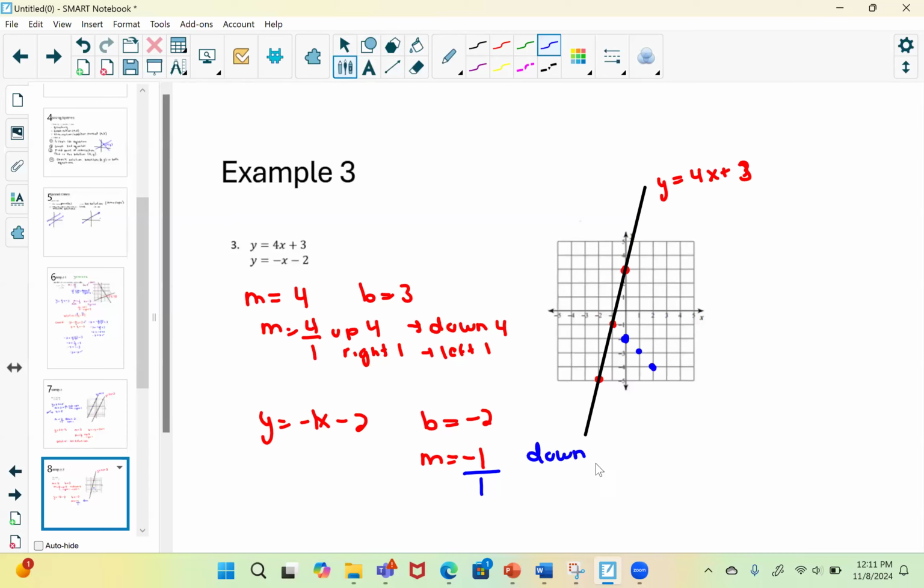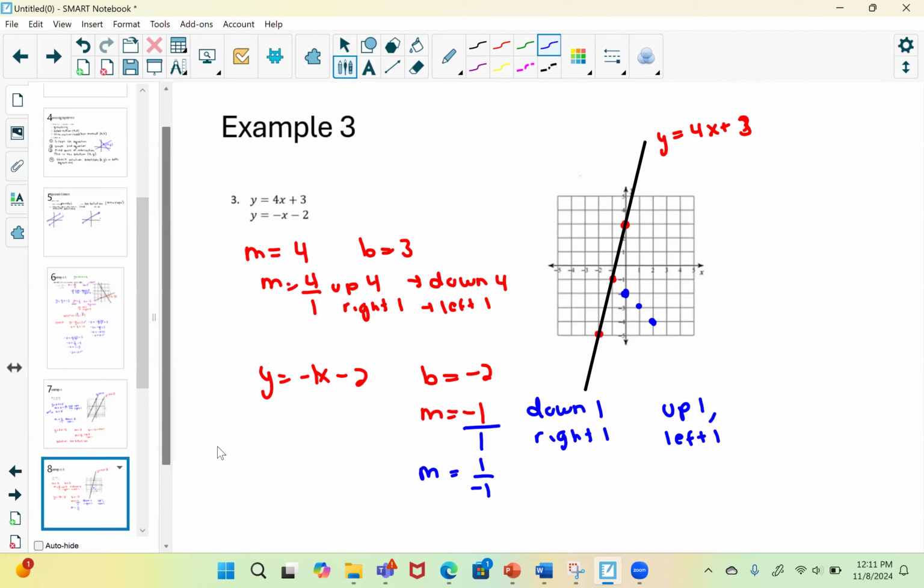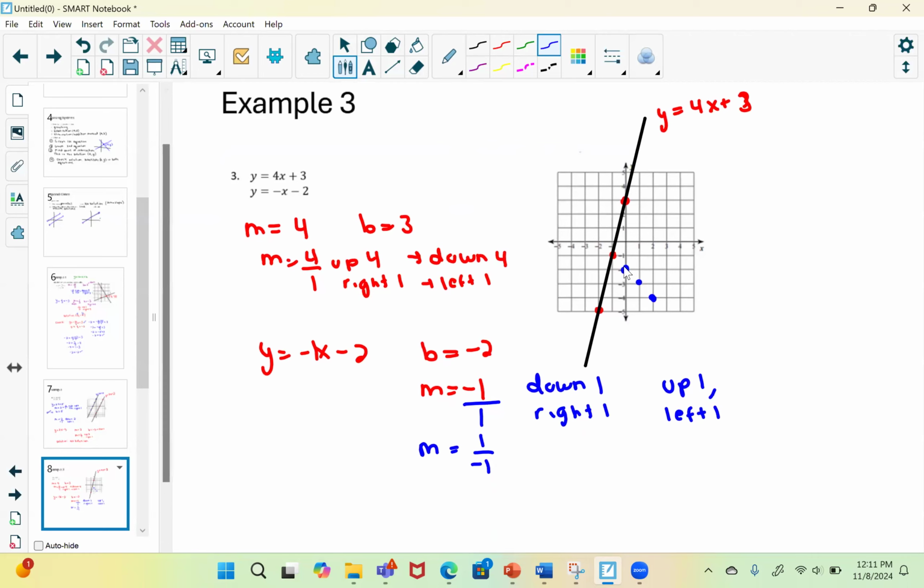But I want to hit my line, and I can't if I go this way. So I have to go again opposite. So I would go up 1, left 1. Okay, so we could say it is 1 over negative 1, because either way, if I divide these, I get the same number. So we're going to go up 1, right 1, and then we hit our line.